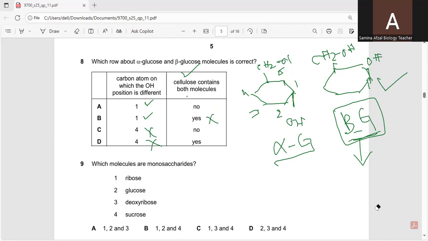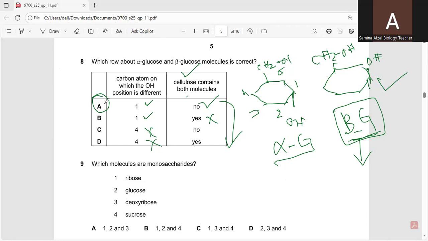Only beta glucose is used in the formation of cellulose. So according to this, A is the correct option.